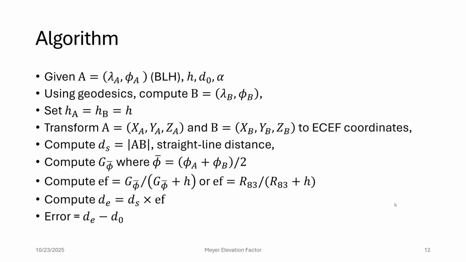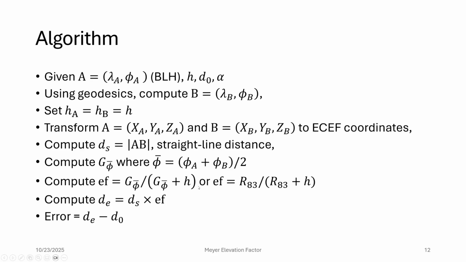Then we are going to compute the elevation factor, which again for State Plane 22 is the Gaussian radius of curvature divided by the Gaussian radius of curvature plus h. Or for State Plane 83, it's the constant value of R divided by the constant value of R plus h. Finally, we'll compute the reduced distance d sub e, and that's just the slope distance times the elevation factor.